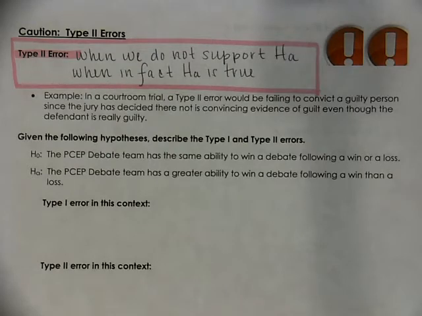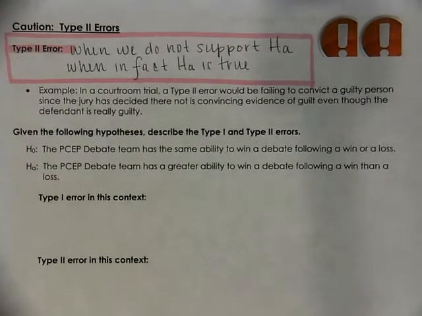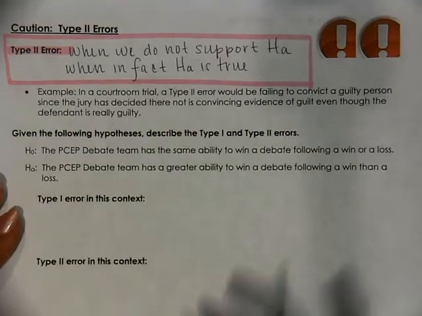So describe type 1 error in context, okay? So remember, type 1 error is when we support HA when H0 is actually true.